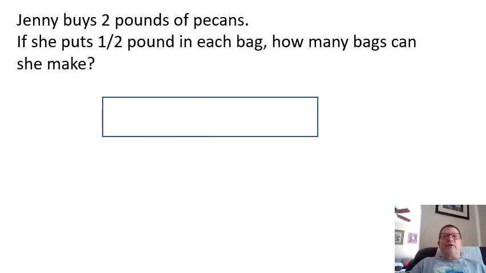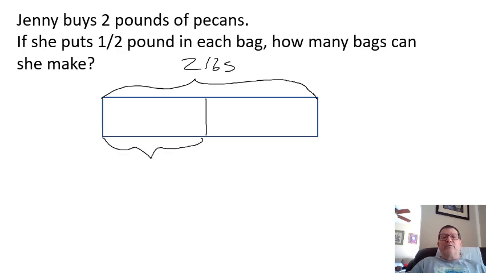Now we're going to the fractions, the unit fractions. Now we got 2 pounds. And it says I'm going to put a half a pound in each bag. But I'm going to start by splitting my tape diagram into pounds. Because this here would be 1 pound, and this would be 1 pound. Now she says that she's going to put a half a pound in each bag.